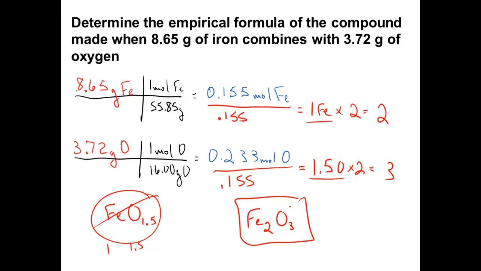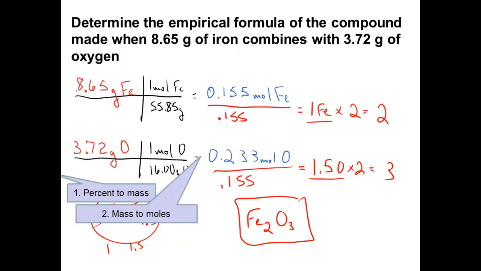Now there's one other thing I want to add here that a lot of people find helpful. A 4-step poem that a lot of people find helpful to guide them through calculating empirical formulas. Percent to mass: if you're given percentage composition, just change the unit to mass.